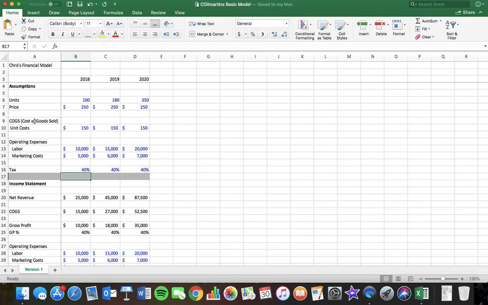So down here, below the gray line, is the income statement. Everything that's calculated from the assumptions. So the net revenue is basically the units times the price, giving you $25,000 for that first year, $45,000 for the second year, and $87,500 for the third year. Now down here, the cost of goods sold is basically our units times how much it costs to make each one.